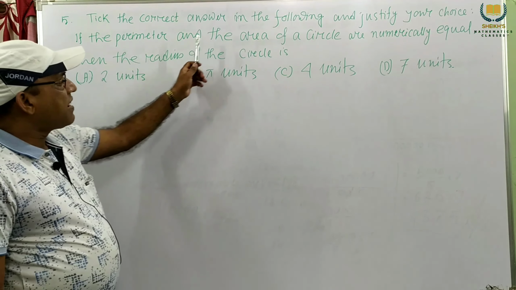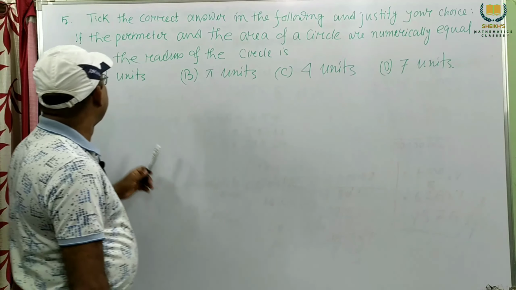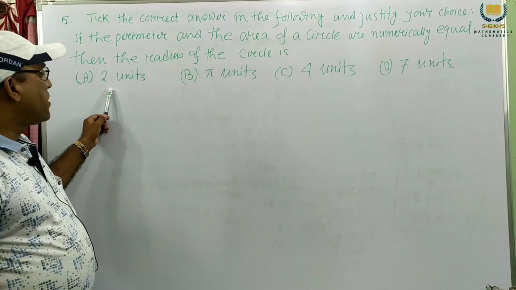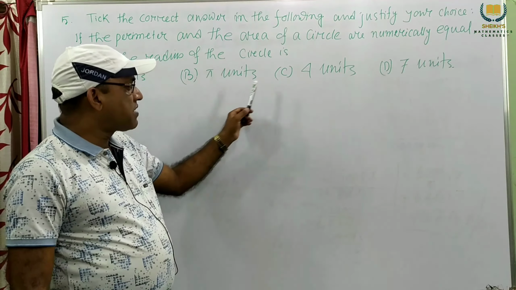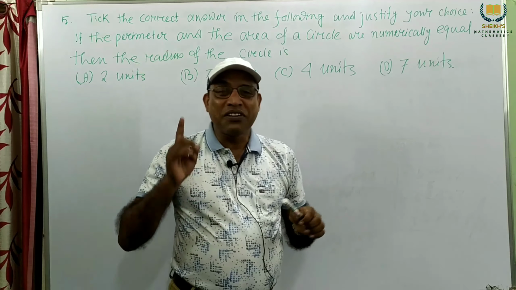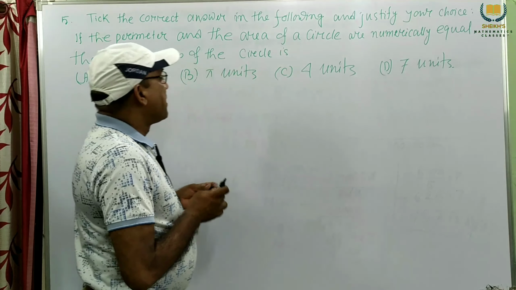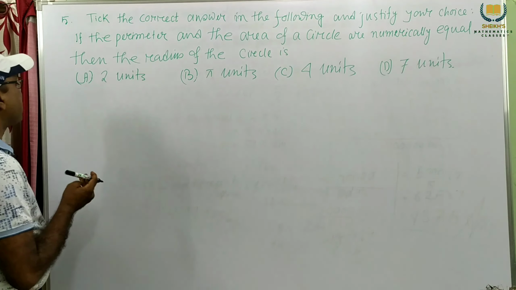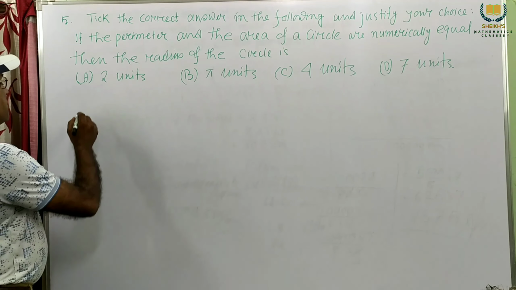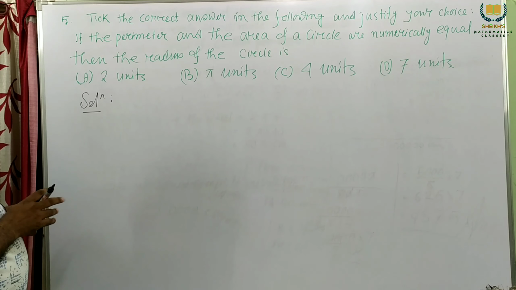If the perimeter and the area of a circle are numerically equal, then the radius of the circle is 2 units, pi units, 4 units, 7 units. This is very easy. No one can say this solution is difficult. So I hope this will be easy.